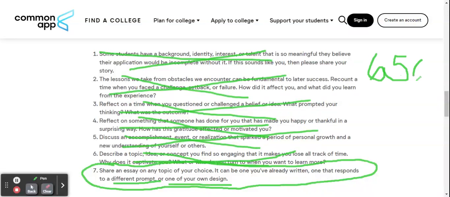Figure out what those are first, because that will help you determine who you are as a person, and it's going to help you then decide which prompt fits you. Figure out which prompt fits you, rather than forcing the prompt to fit you.